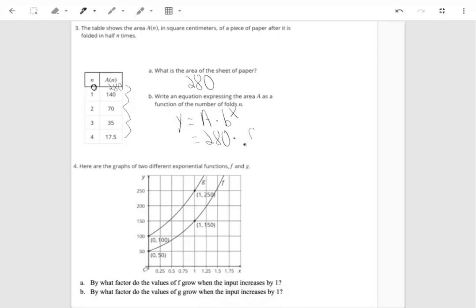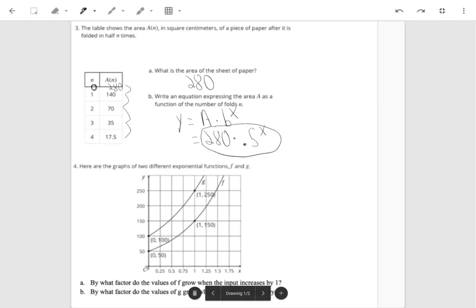You could write that as a decimal, like I am, or as a fraction, a half. It doesn't matter to me. At the end of the day, the equation is 280 times a half to the power of x. So if I wanted to find the area after 7 or 8 folds, I would make the exponent here 7 or 8.